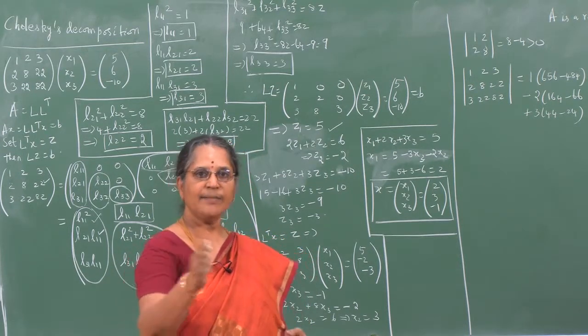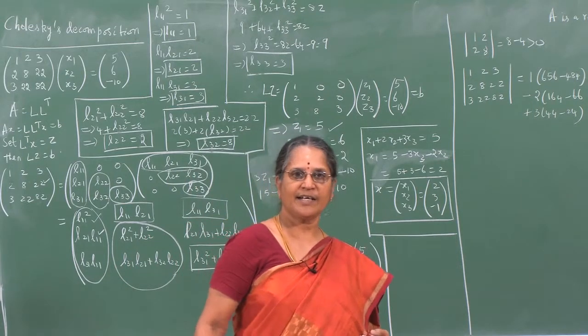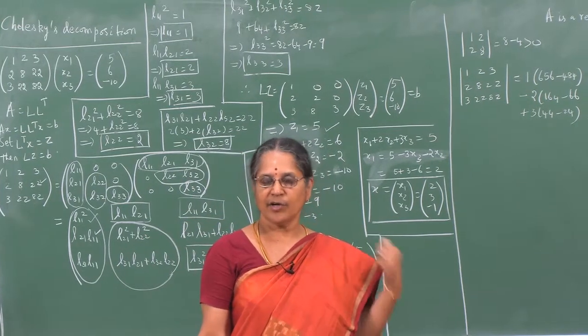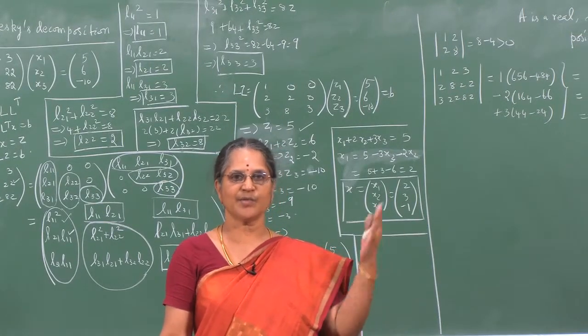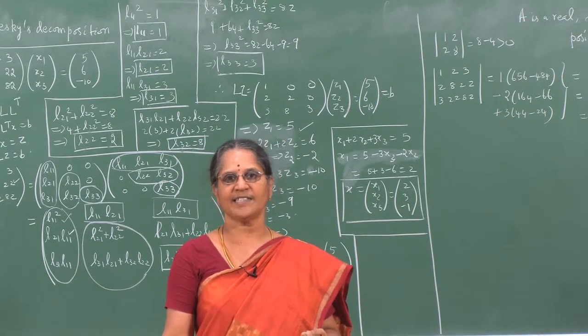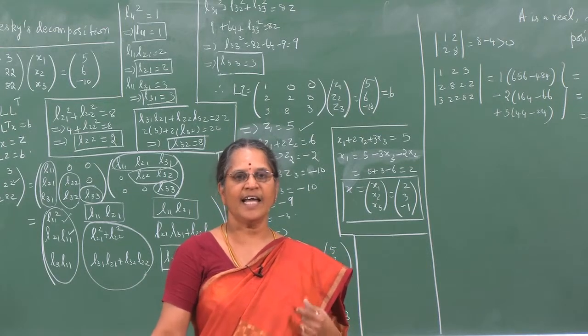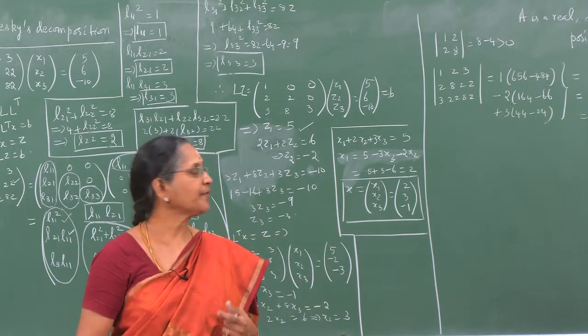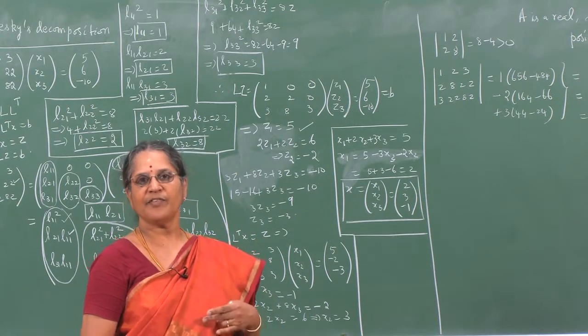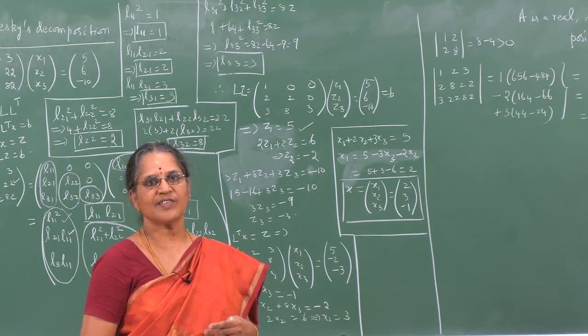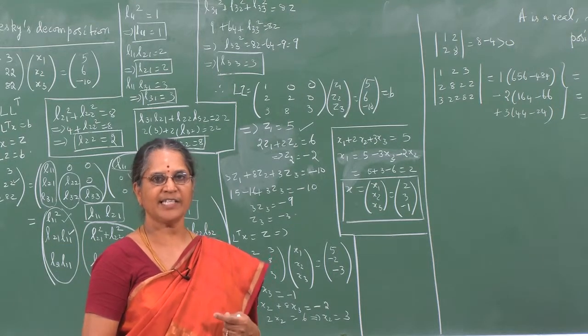And these three methods, namely Doolittle method, Crout method and Cholesky's method, they belong to the class of direct methods for solving a system of equations Ax is equal to b, where A is an n cross n matrix. So, we now move on to another type of direct methods, which is referred to as Gauss elimination method.